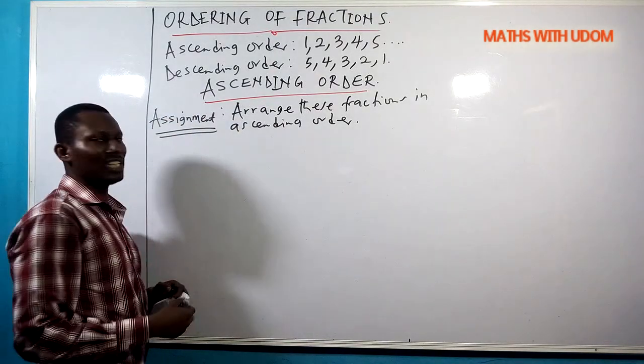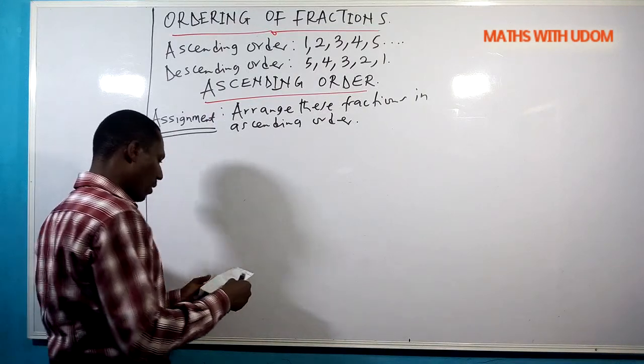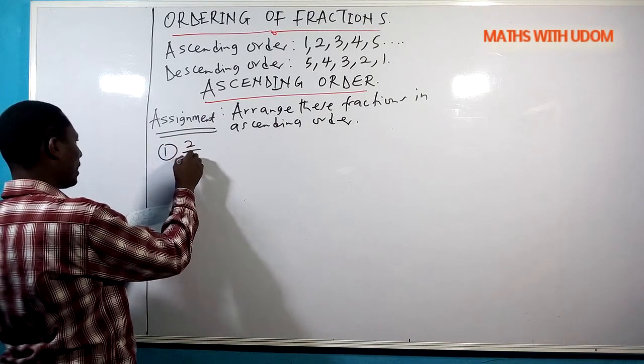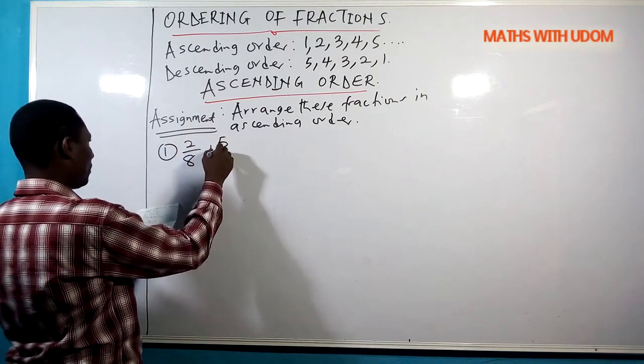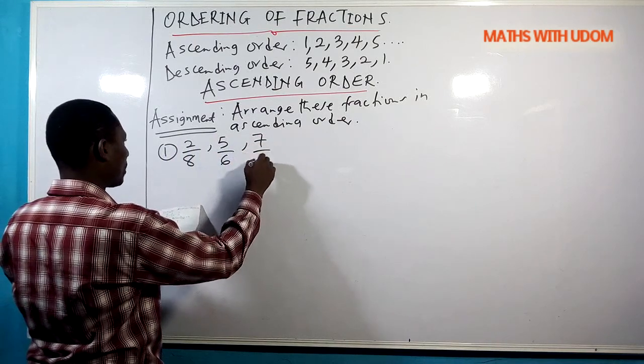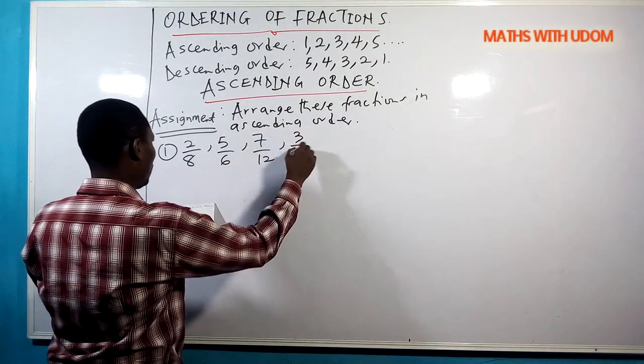Arrange these fractions in ascending order. Number 1: 2 over 8, 5 over 6, 7 over 12, 3 over 4.